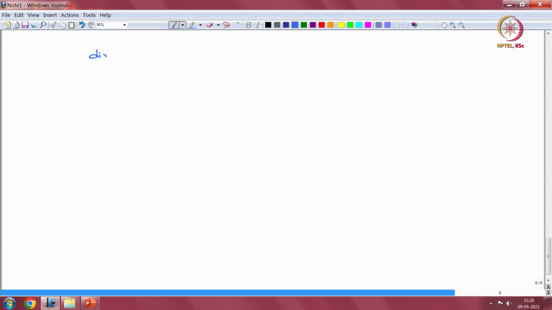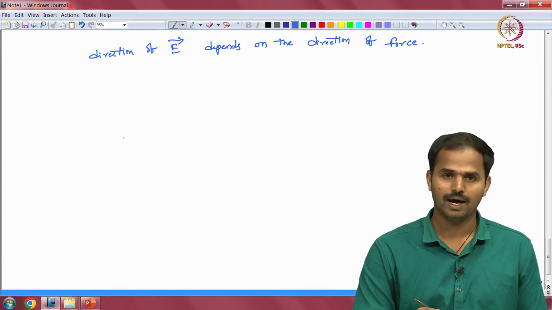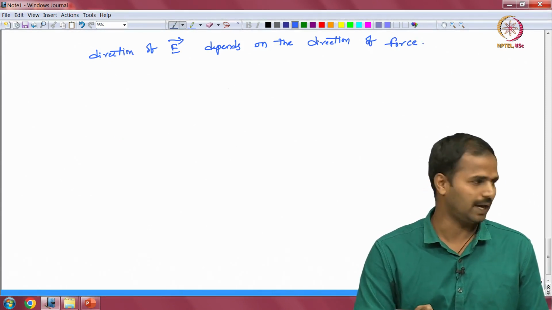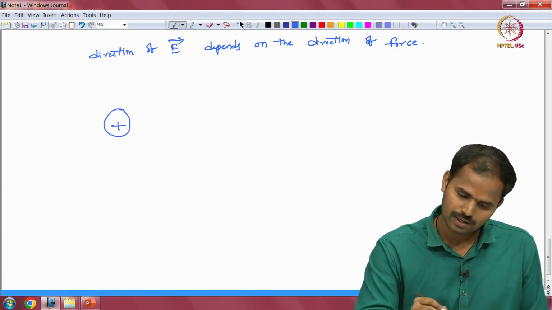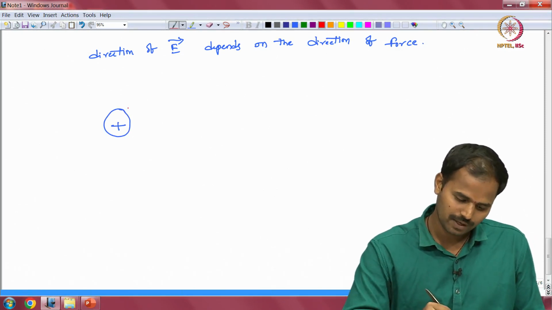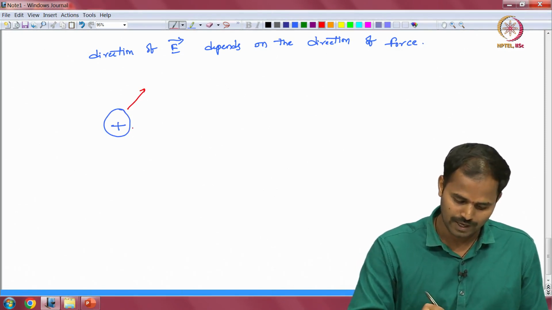The direction of the electric field depends on the direction of force. Now we will see for positive charges how the forces will be, and for negative charges how the force will look. For the positive charge I am considering here, the force will be in the radially outward direction.